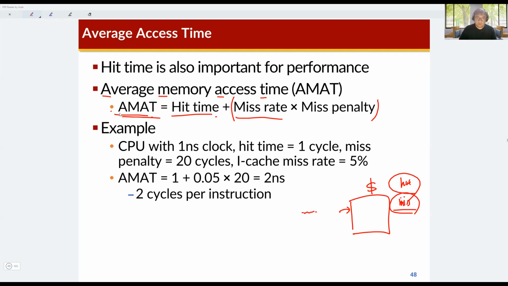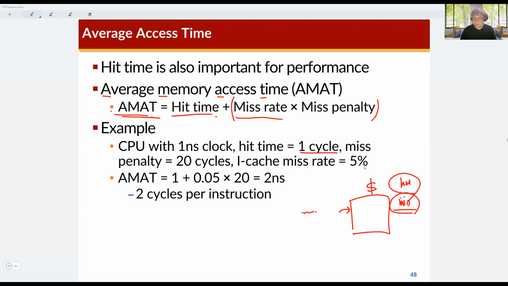So this is the equation for AMAT, average memory access time: hit time plus miss rate multiplied by miss penalty. In this example, the CPU clock cycle period is 1 nanosecond and the hit time is 1 cycle. When the cache is hit, the cycle is not wasted, and the miss penalty is 20 cycles.